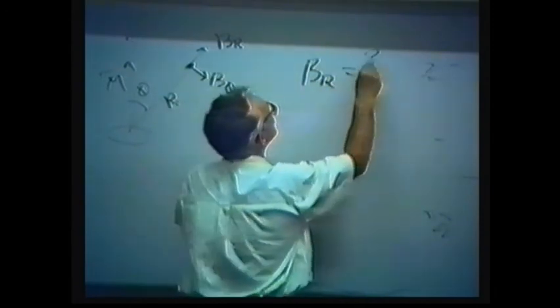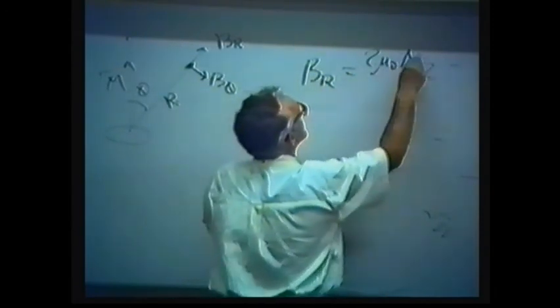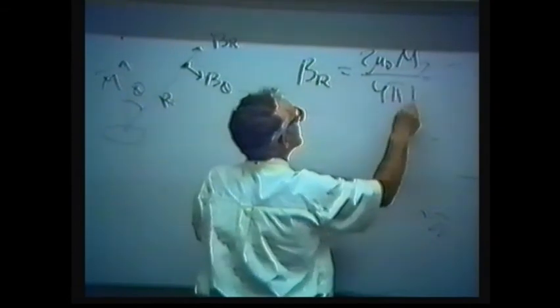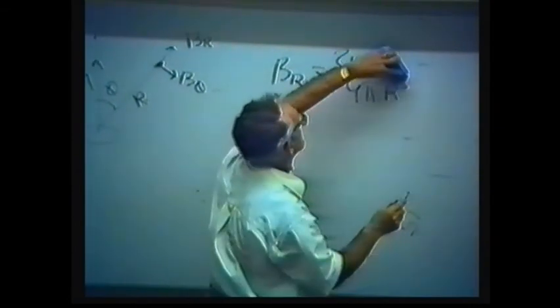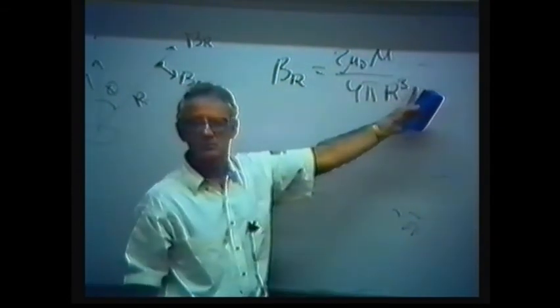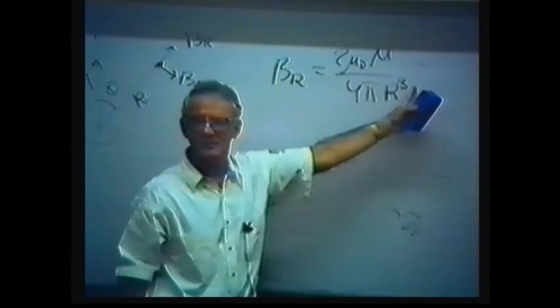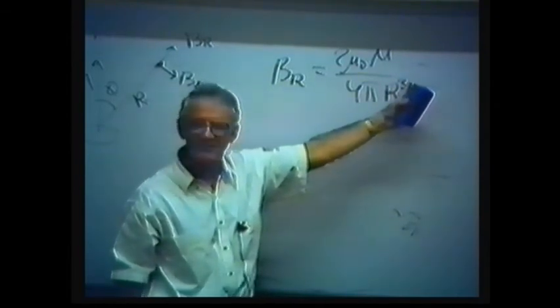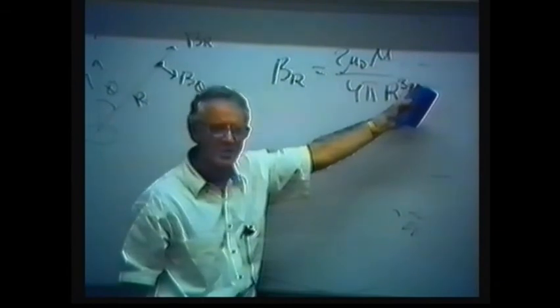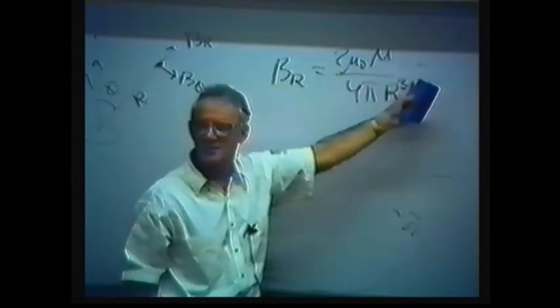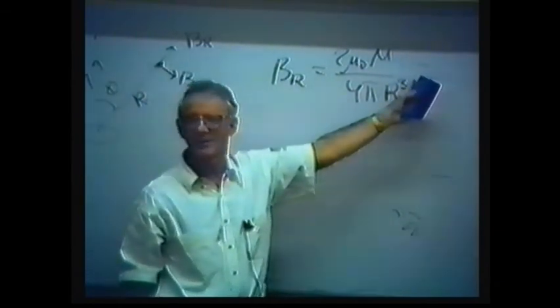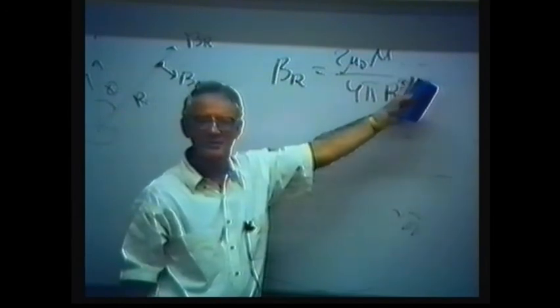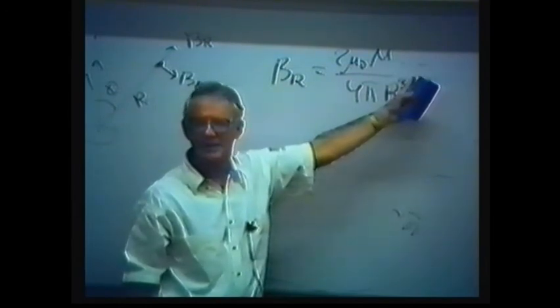B_R equals 2 mu naught M over 4 pi R cubed. What about the angle theta? Help me. Quickly help me, please, because it is very important in electromagnetics, in global geophysics, in paleomagnetism. But what is the dependence on angle theta?